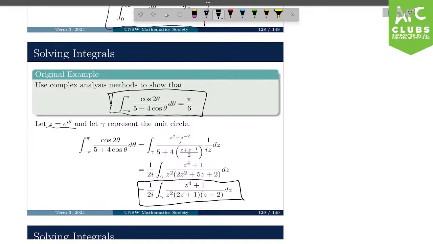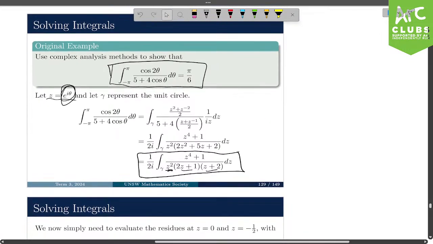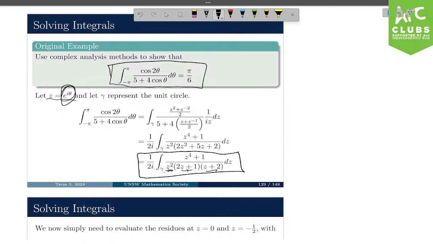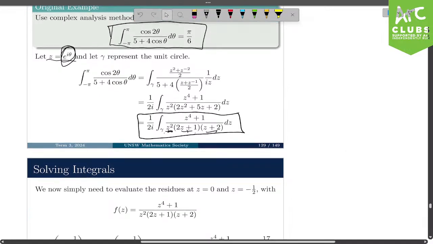this function, which can be decomposed into poles, all of which are unique and don't touch the zeros of the numerator. Fantastic. And because it is a unit circle that we are really traversing, we only need to consider the first two. Since minus 2 is outside of our domain that we consider for the Cauchy residue theorem.